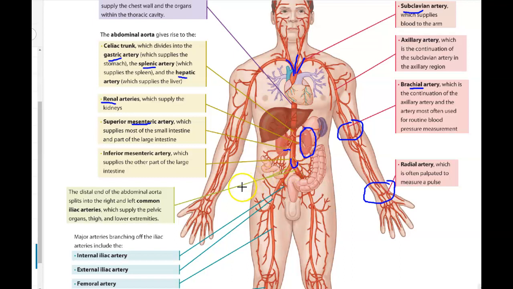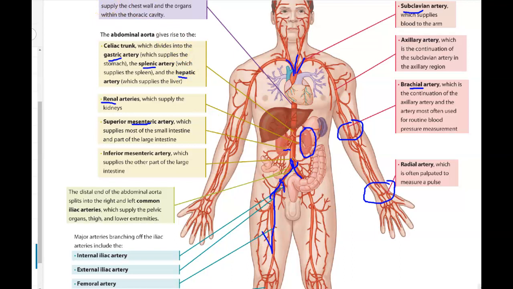Good. Then, as we divided before, once they divide up, they become the common iliac artery. Then, once it divides, the one that goes outside is the external. The one that goes inside is the internal. The external is larger. Then, once we hit the femur, it becomes the femoral artery.